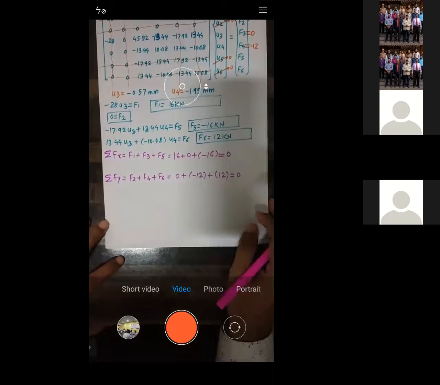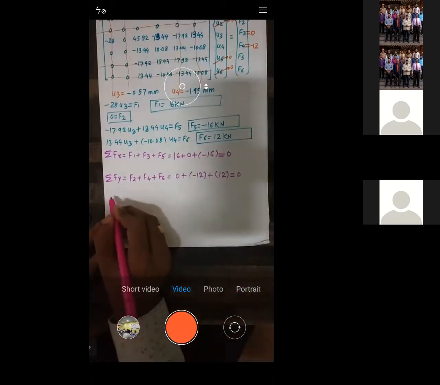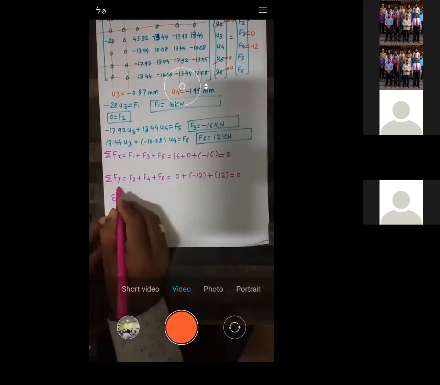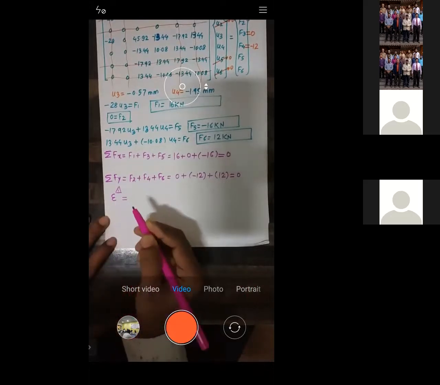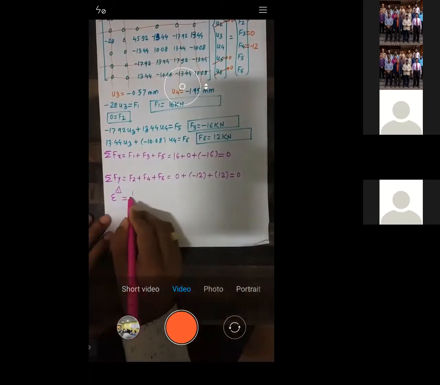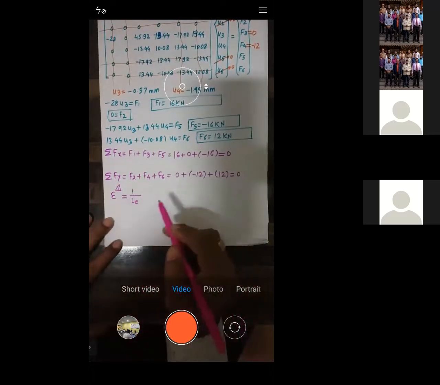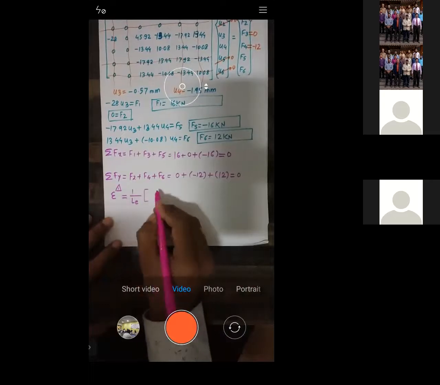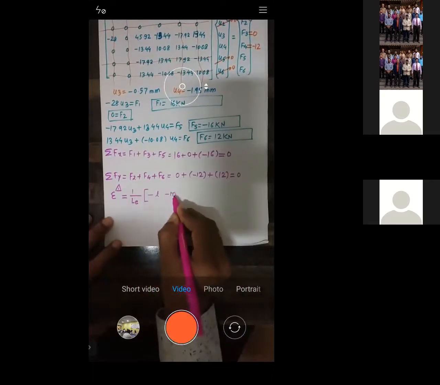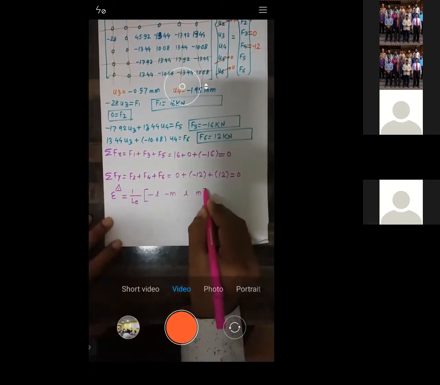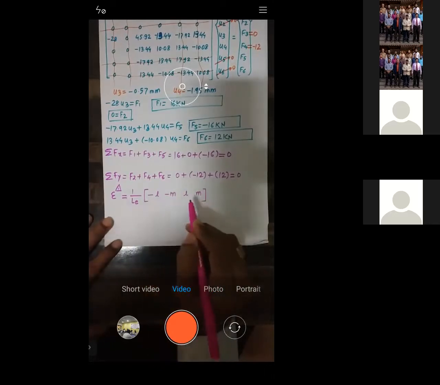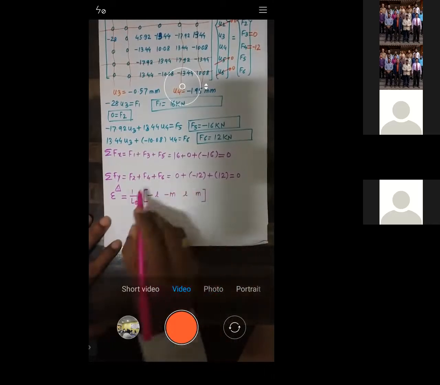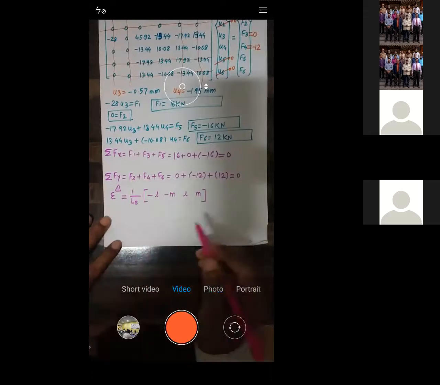The strain induced in element number 1 is given by 1 by the length of element number 1, into minus L, minus M, L, M. Try to understand. This value we already have from the table which we drew in the previous lecture, right?